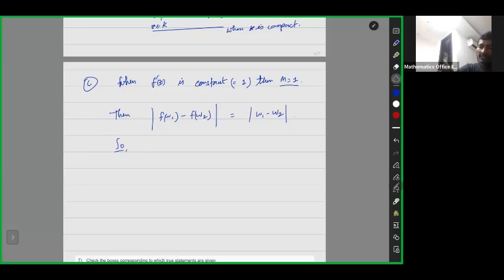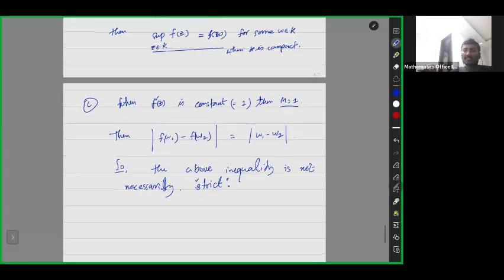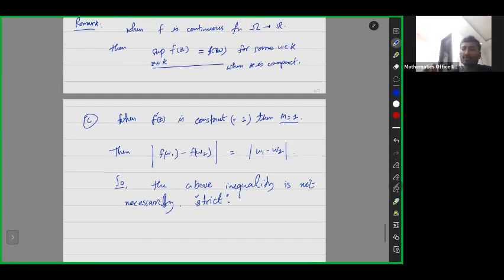So the above inequality is not necessarily strict. Fine. You understand this counterexample?